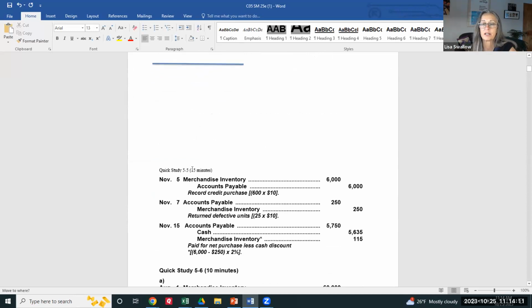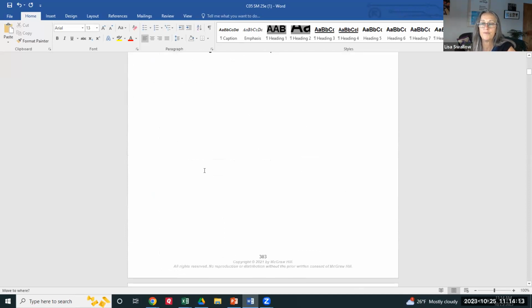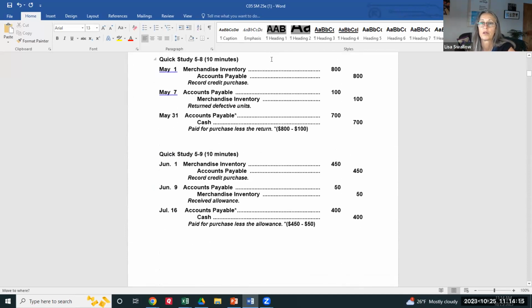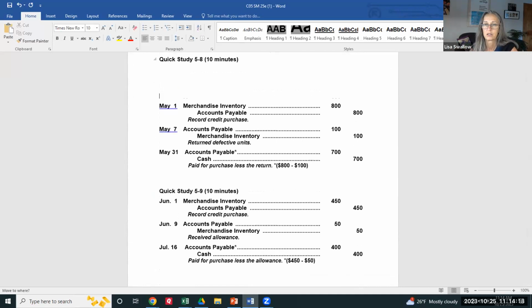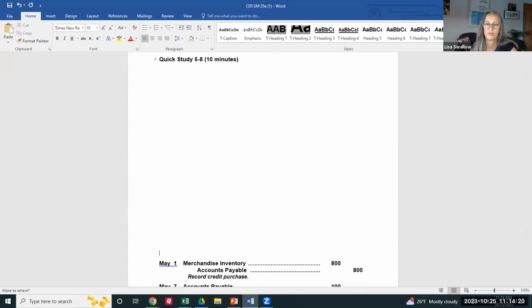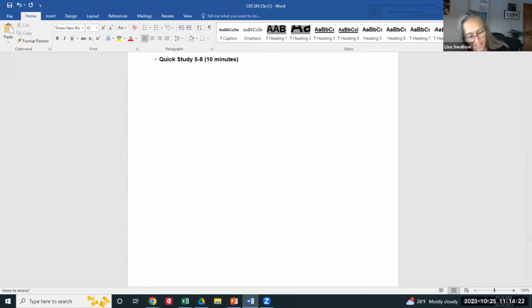Okay, so this is more of the same, but a little bit more interesting. Let's read it. Prepare journal entries to record each of the following transactions. Quick Study 5-8. The company records purchases using the gross method and a perpetual inventory system. Basically there are different methods of doing this, and this is the one that we're studying.